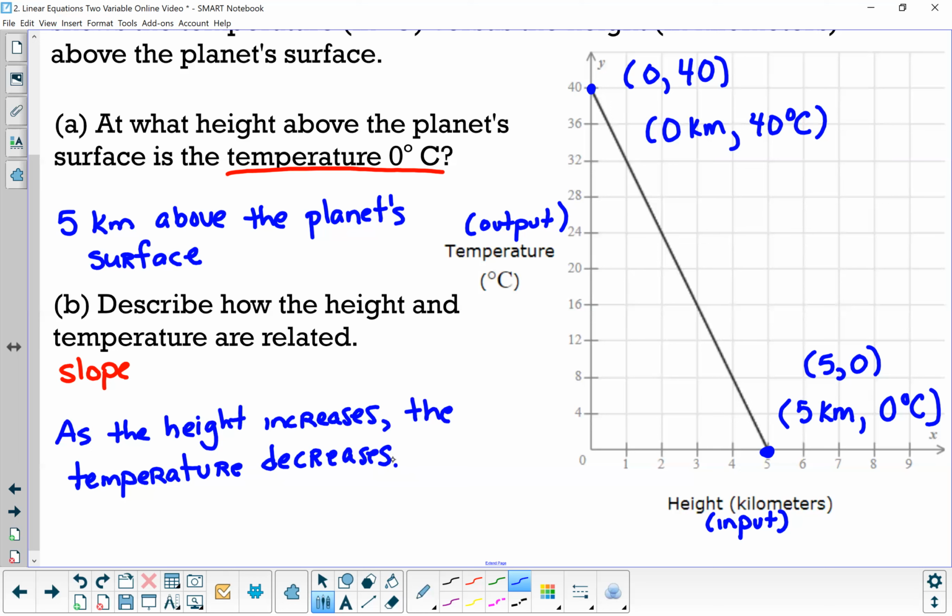We have a negative slope, so as the height goes from 0 to 1, or 1 to 2, or 2 to 3, or 3 to 4, or 4 to 5, the temperature is decreasing.